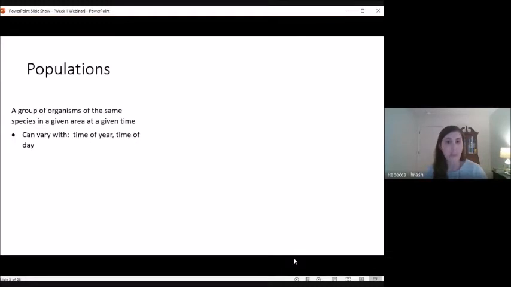So some things that we consider within population dynamics are the size of the population and their distribution and location. These can change with the time of year, meaning seasonal changes, or the time of day even. So some populations may be more active during the nighttime rather than the daytime.